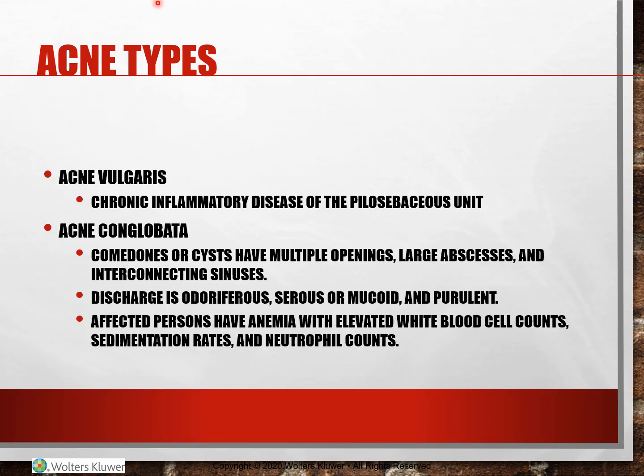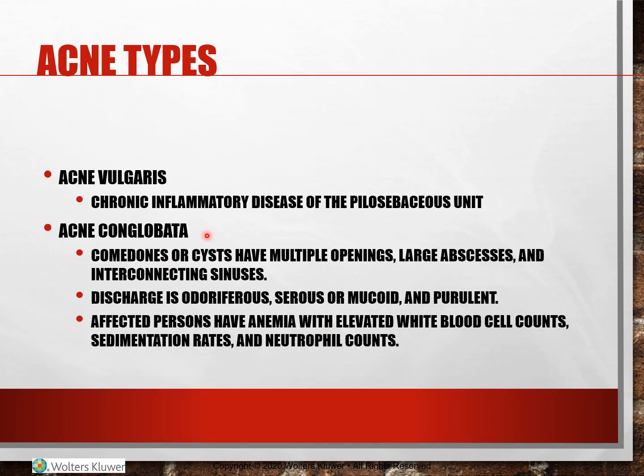Patients can also get lesions, to a lesser extent, on the abdomen, shoulders, neck, face, arms, and thighs, so much more wide-ranging. In acne conglobata, the treatment can be things like debridement and systemic corticosteroid therapy. We can also use oral retinoids and systemic antibiotics. We'll talk about vulgaris treatments in a moment.